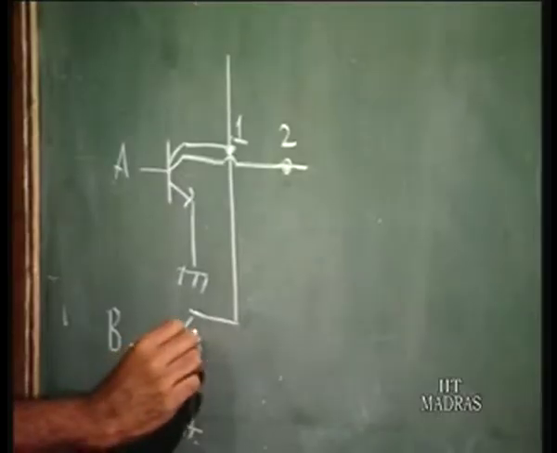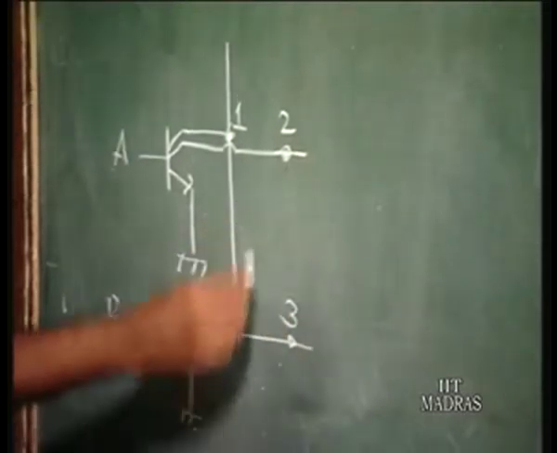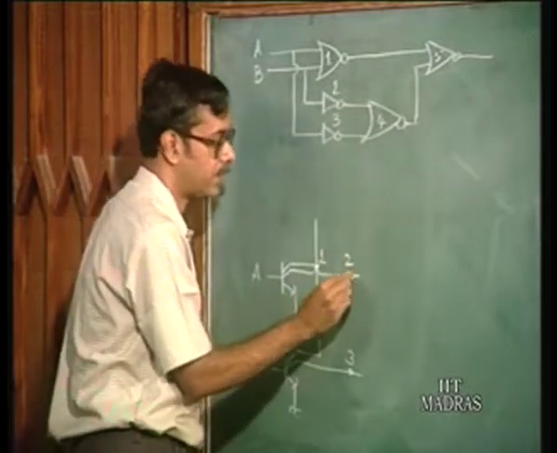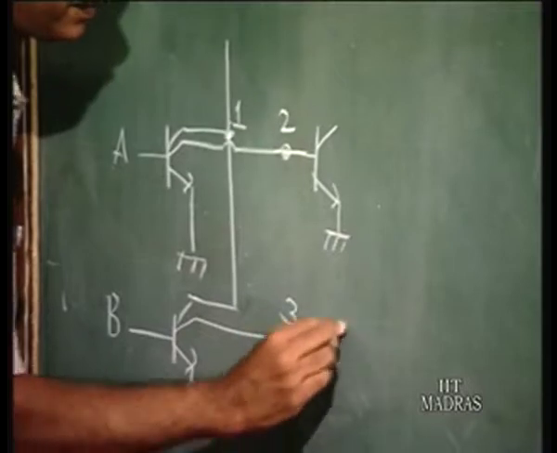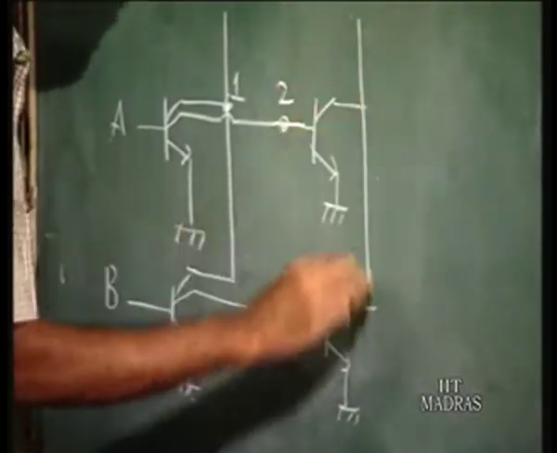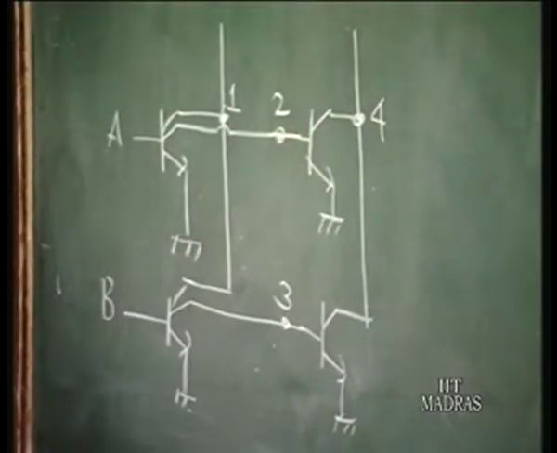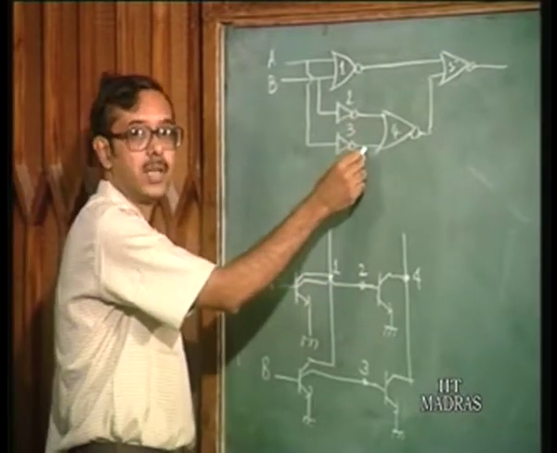Similarly there is gate 3 which is also an inverter, and then gate 4, the inputs are the outputs of 2 and 3. So, these are at the bases of these transistors. The NOR gate configuration, you remember, is from base to base. So, this is the output of gate 4, the NOR gate, with inputs at the outputs of gates 2 and 3.